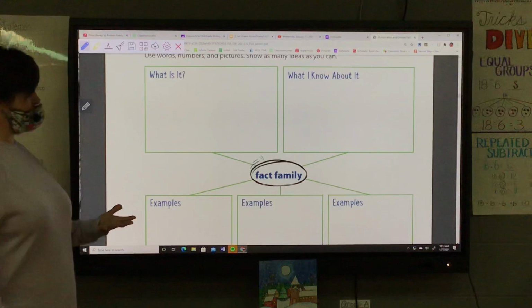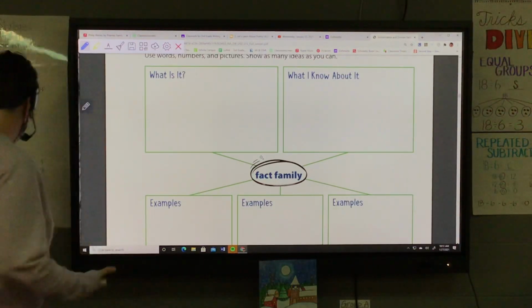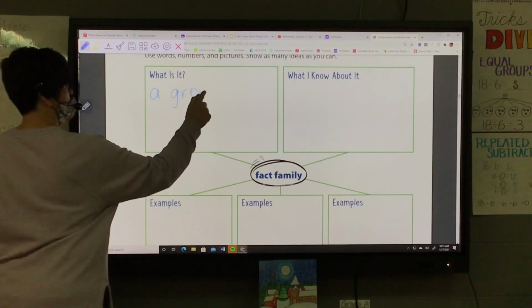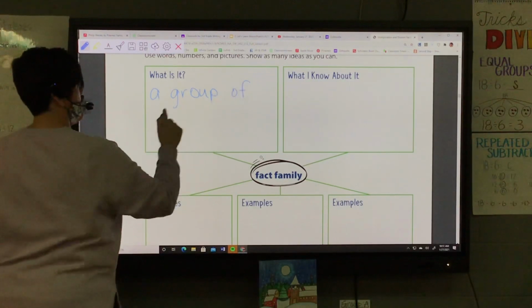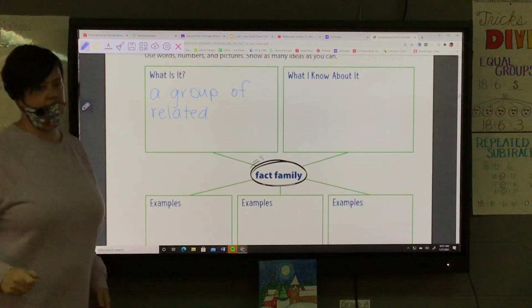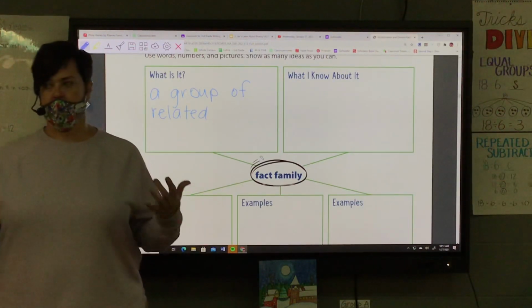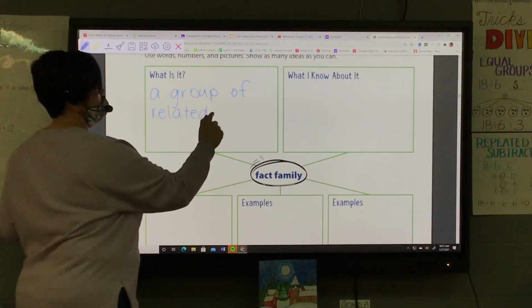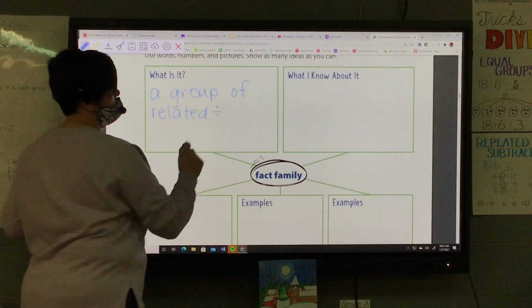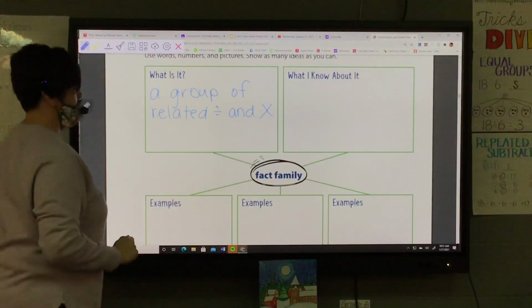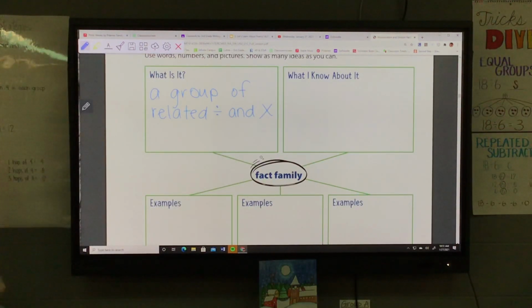So, a fact family is simply a group. Can everybody see that blue? A group of related, in this case, we're talking about what and what? Division and multiplication. Equations or facts?